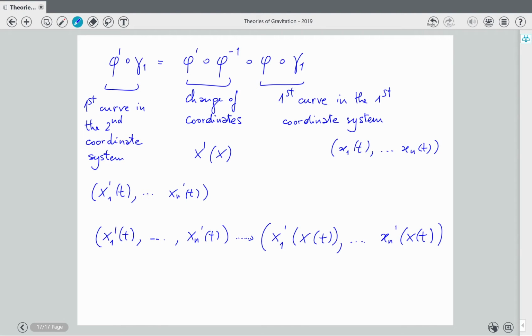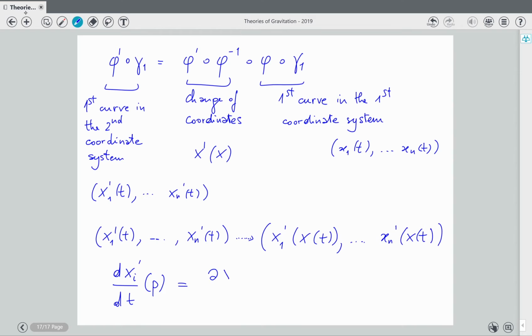And therefore, if you want to compute a tangent in the second coordinate system, d over dt, and then you compute it in P, because we are interested in the tangent in some point, the point P, you can compute it as the derivative using the Leibniz rule of the composed functions.